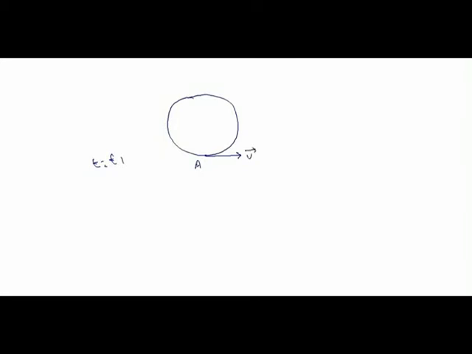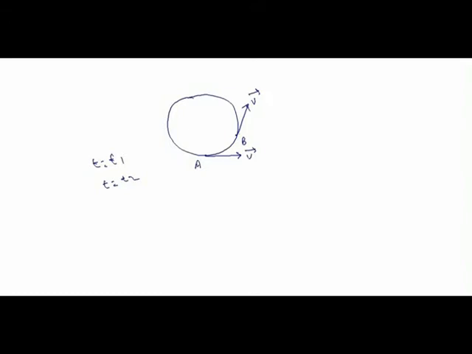Let's say after some time, at t equal to t2, the object moves to point B, and here the velocity vector will look like this. So the velocity vector is always tangent to the circle. You can see from here that the direction of the velocity vector has changed.